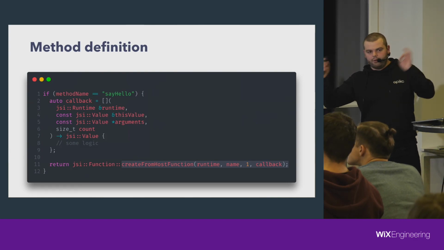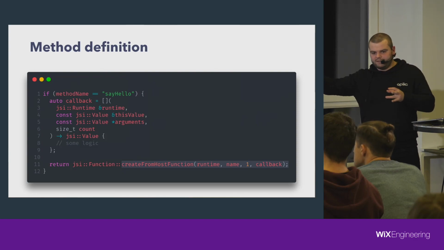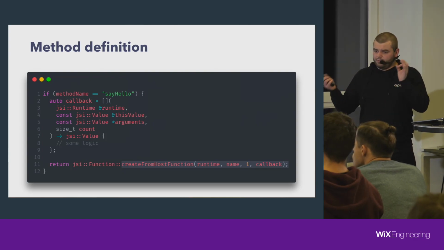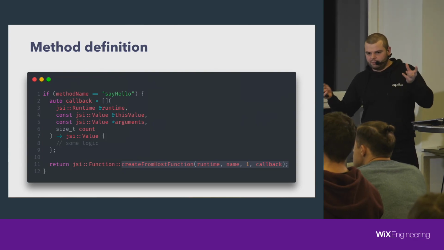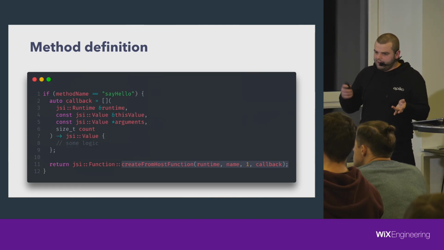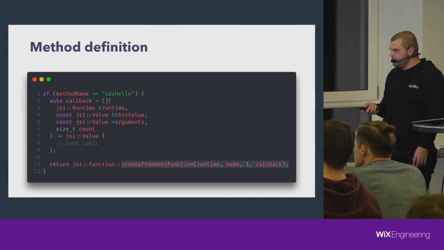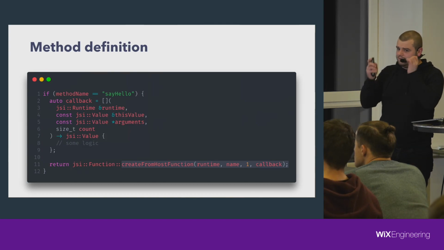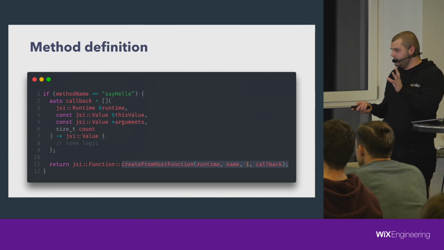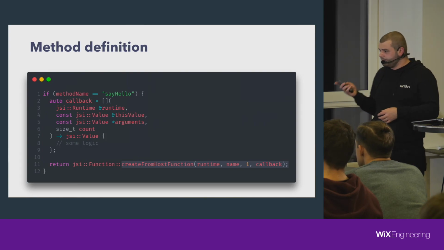Arguments is an array of all the arguments you are passing to your function, and it can be strings, not maps but objects, values, whatever you want. It should also return the create-from-host function, basically the function, and that's where you pass the callback.